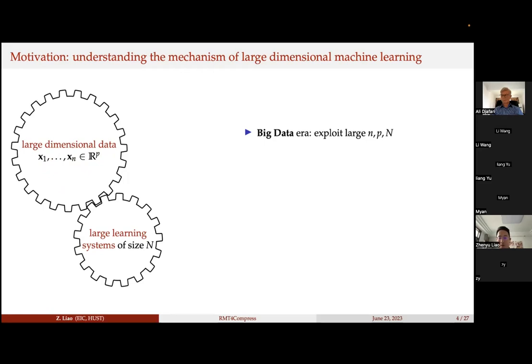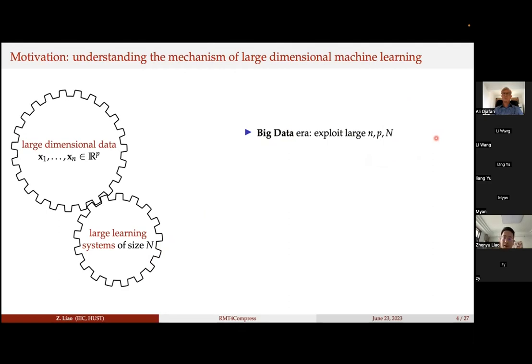To handle this kind of high dimensional big data, we need a large scale machine learning system. So the size of the machine learning system, capital N, is also large. We're working in the regime where small n, small p, and capital N are all large.